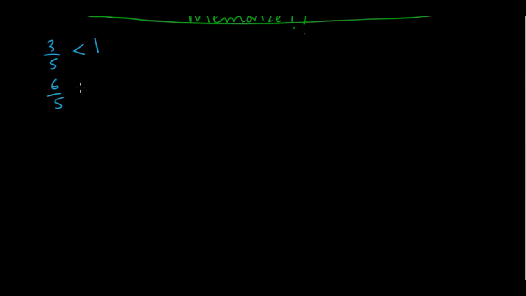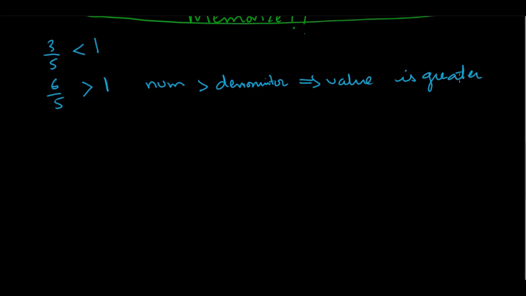In this case, the decimal value would always be greater than 1. So whenever your numerator is greater than the denominator, your value is greater than 1. This would help when you are doing GRE problems where only a comparison is enough to answer a question. It's greater than 1.